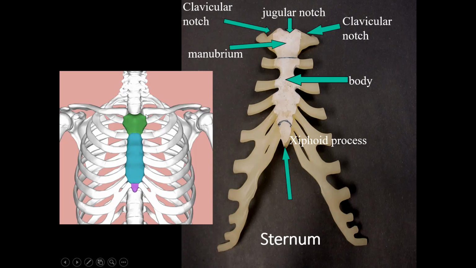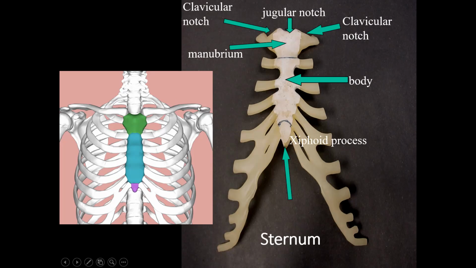The clavicle has a thick end and a thin end. The thick end fits into that notch. The thin end of the clavicle, which you see out here, now this is our collarbone, and it's not part of our axial skeleton. It's part of the appendicular skeleton, but this is a good time to talk about it.